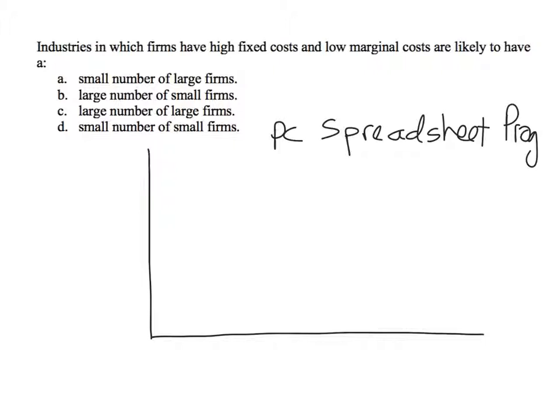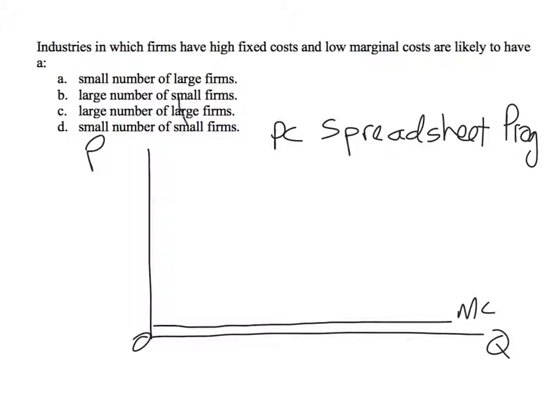I don't know how high, $1 million, $5 million, $10 million, some very high amount. But then the cost of making one more copy is very close to zero. I'm going to make it real small so it's above the quantity axis, but it might actually be the quantity axis if it's truly zero. So dollars per copy of the program.